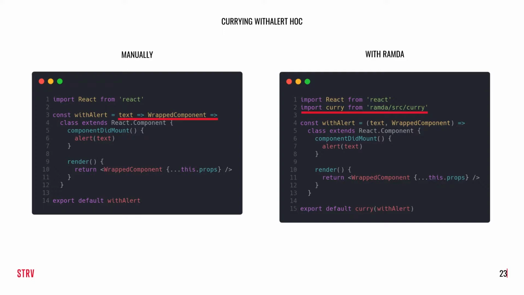Just wrap your HOC in another function that will return your HOC, or you can use the Ramda library, where you pass your HOC into the curry function, and it will do the thing you did manually.